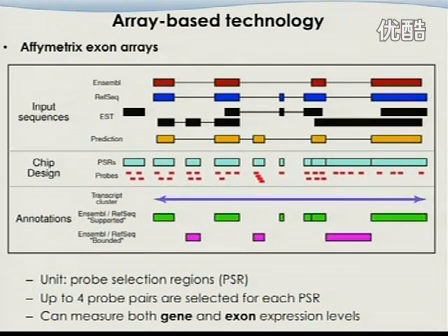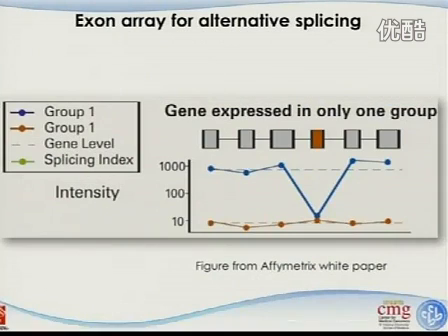But for the exon array, instead of using the entire gene as a unit, they use each individual exon as a unit. This is the Affymetrix array design. For each exon, they design up to 4 probes to target it. Therefore, you not only get the entire gene expression levels, but also each individual exon's expression levels.